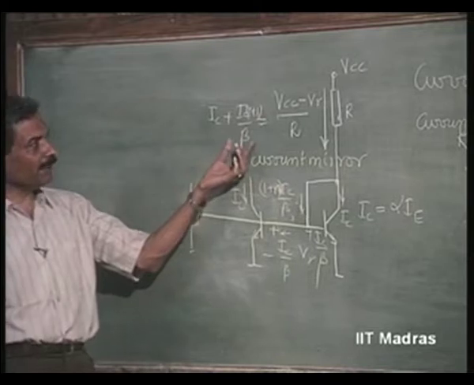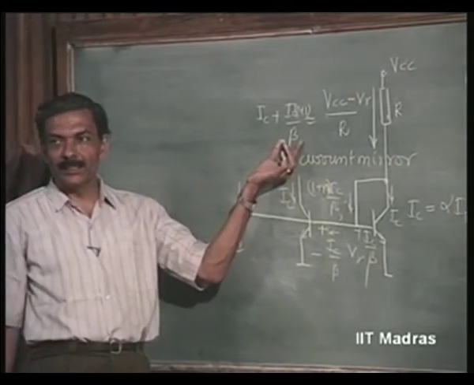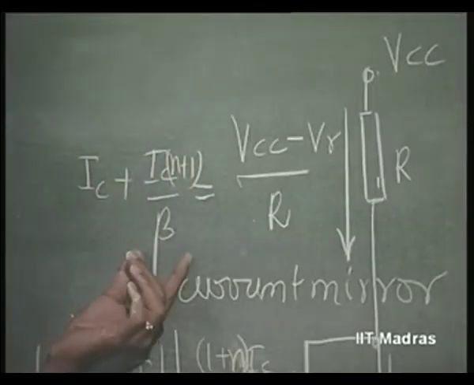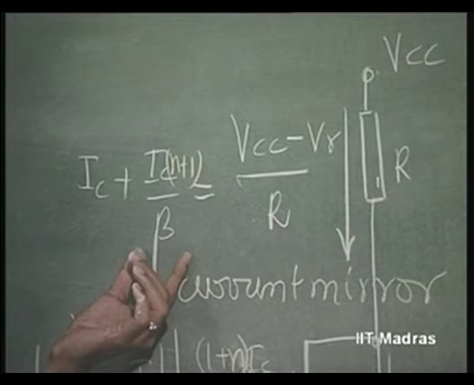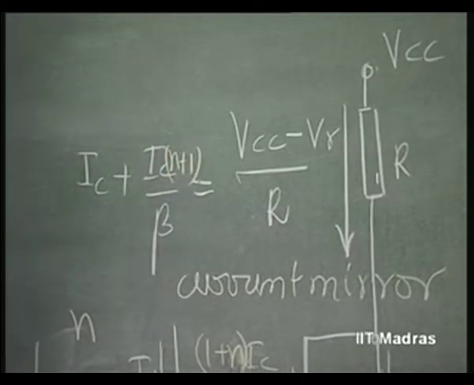As long as beta is very high compared to n plus 1, consider beta of the order of 200 or so, that means n can go as high as 10.